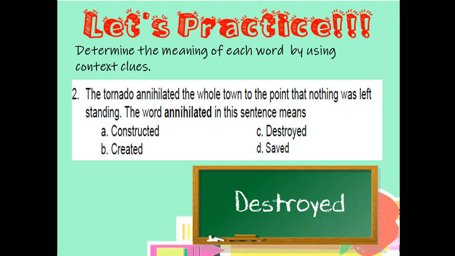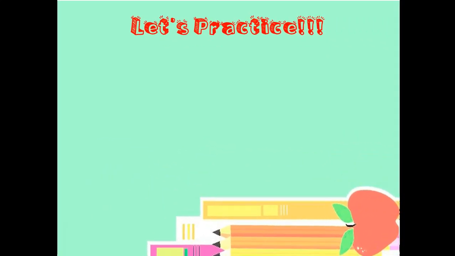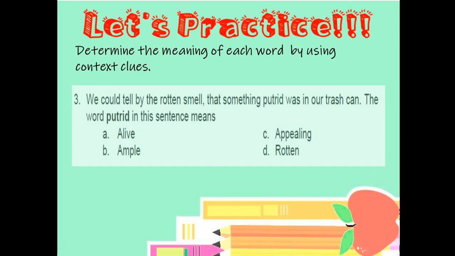What are the context clues that we can use? Nothing was left standing. That would be our context clue. It means everything is destroyed by the tornado. Annihilated is also equivalent to the word destroyed.